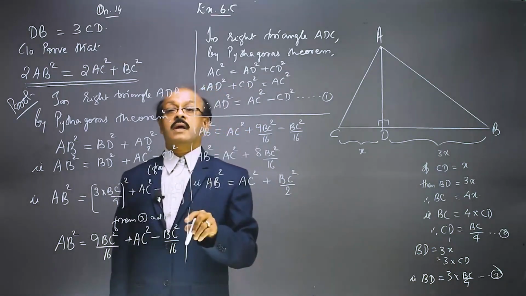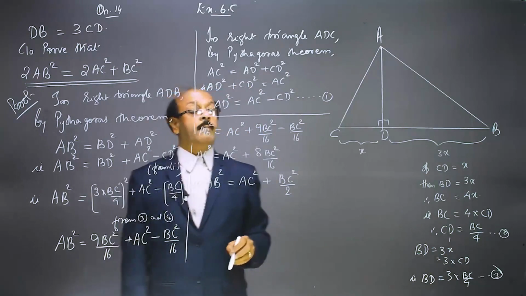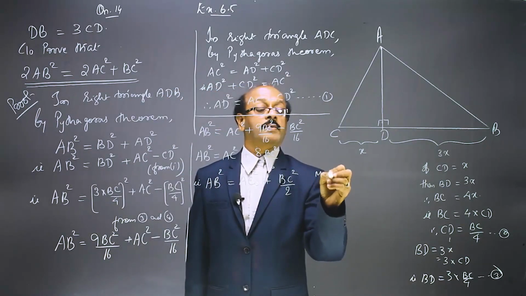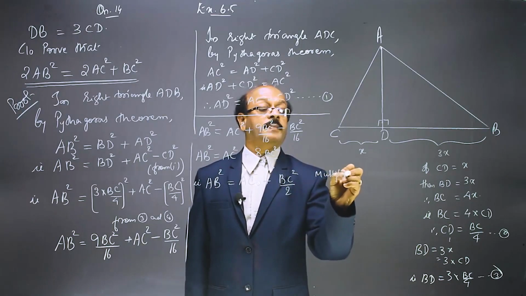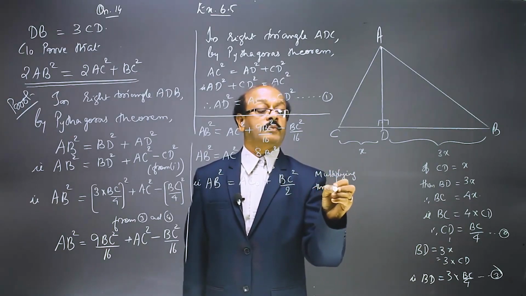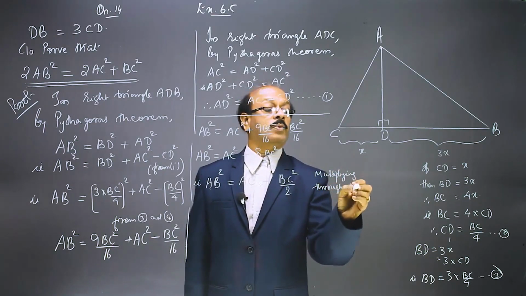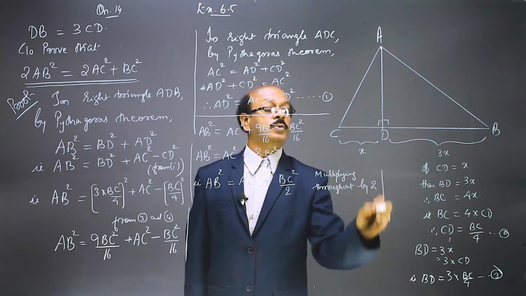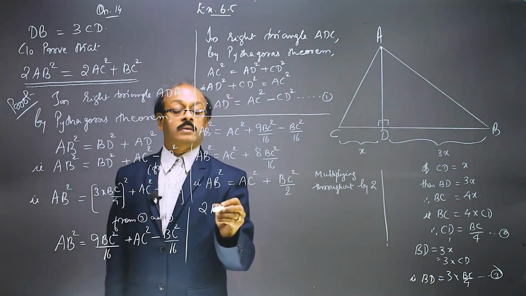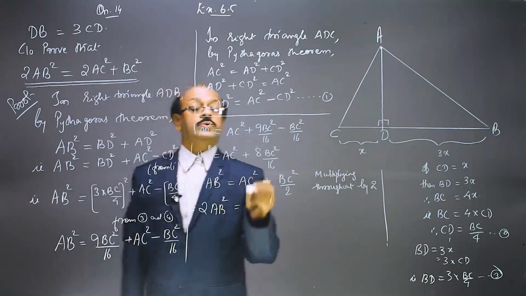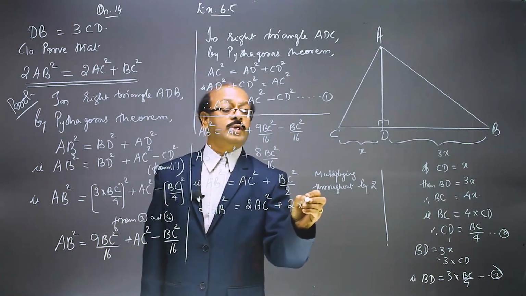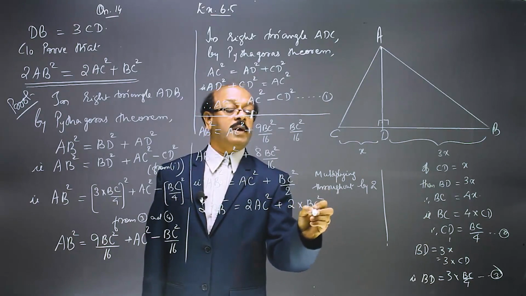Multiplying the left hand side and right hand side of this equation by 2, we will get 2AB square is equal to 2AC square plus 2 into BC square by 2.